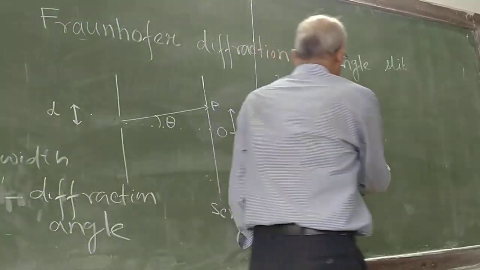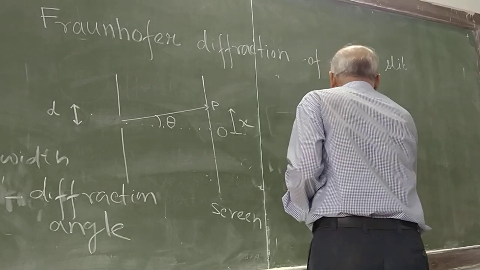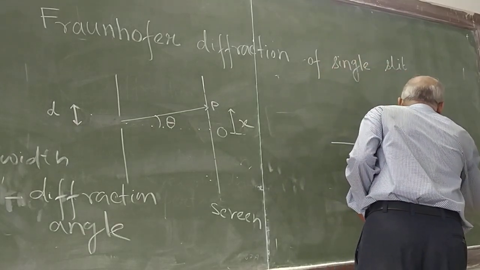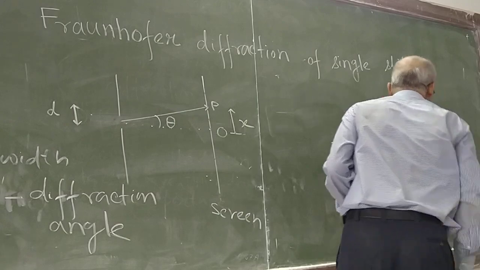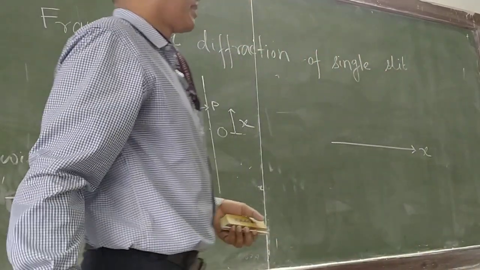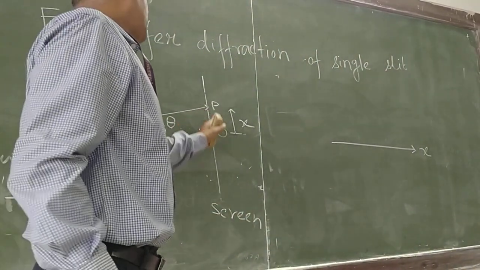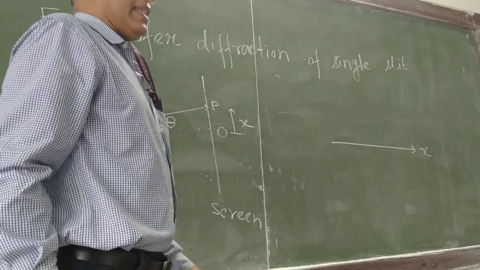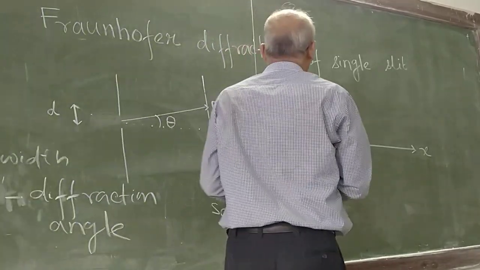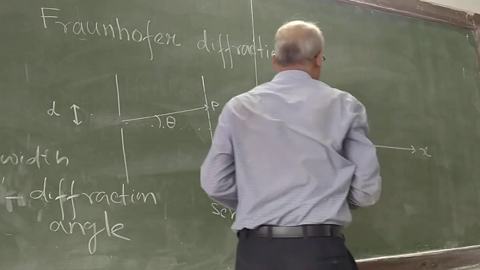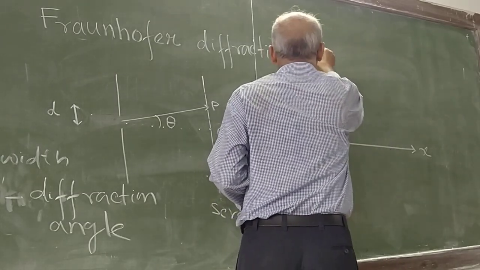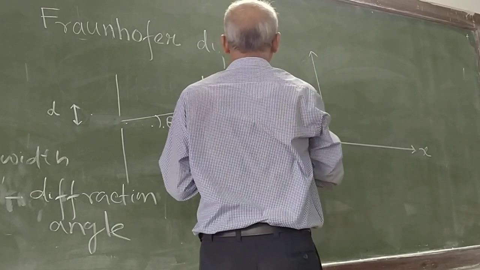Now, as I have discussed, you are moving along the x axis. This is x, the distance. You are searching where you get maximum or minimum. And this is your y axis. What is the y axis? Your tool measures the intensity. The y axis is your intensity.